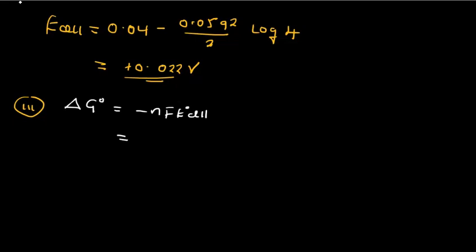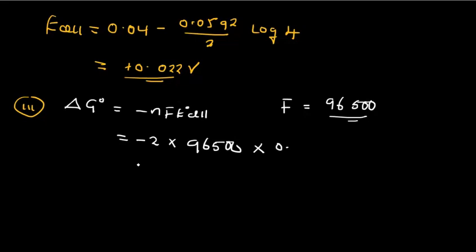So we can find this to be negative 2 times F, the constant, so we just have to substitute, which is 96,500. In other books this constant can still change, and then we also have the Ecell, which we found to be 0.04.